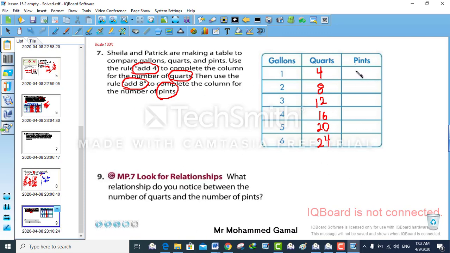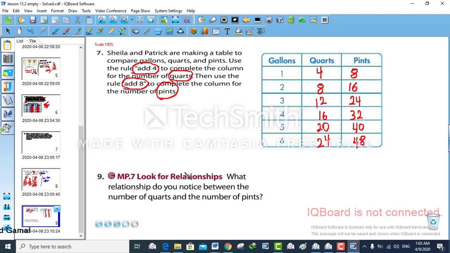So 8 plus 8 is going to be 16. 16 and another 8, 24. 24 and another 8, it's going to be 32. 32 plus 8 is 40. Now 40 plus another 8 is going to be 48.